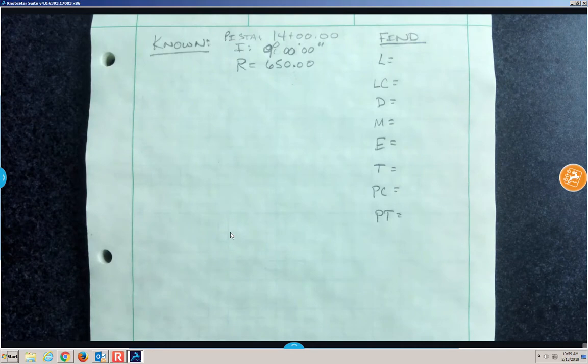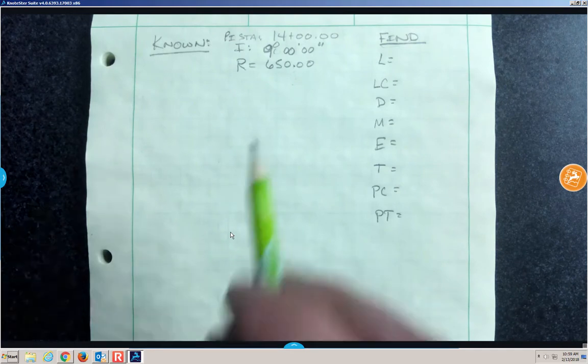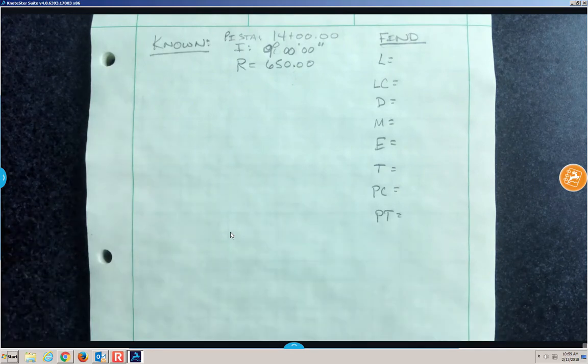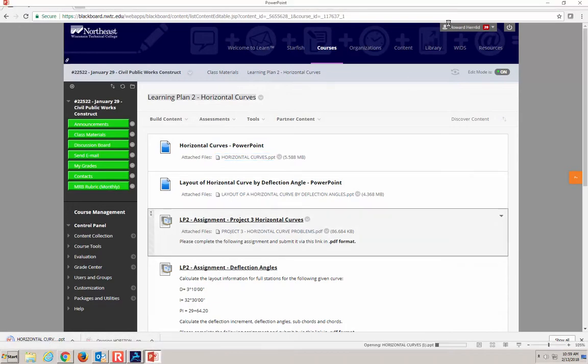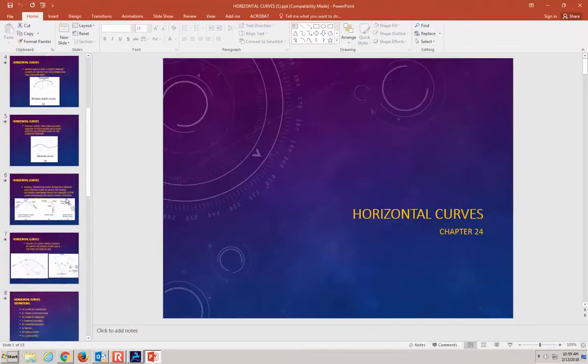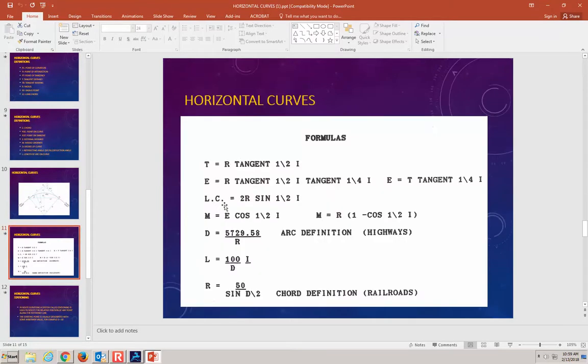All right, so the first one, they give us R. So if I look at our list of formulas, let me get back to that. Open this up again. If I look at what we have, the PI station, we have I, and we have R. What would be the most logical thing to find first?